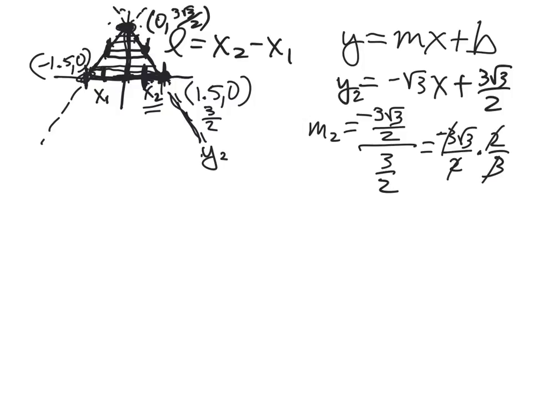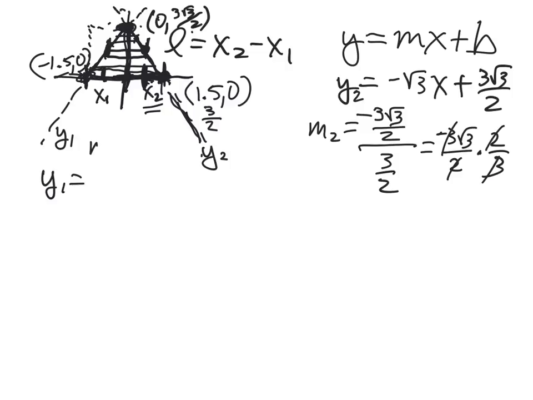And then y sub 1, well, this time our slope, change in y is 3 square root of 3 over 2 up, and then over from negative 1.5 to 0, so over 3/2.